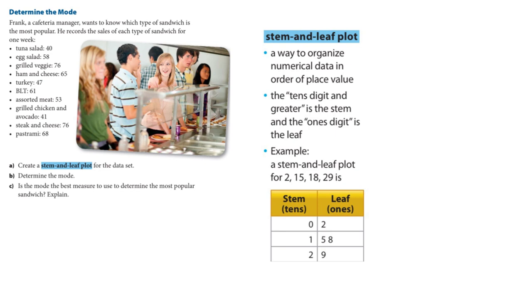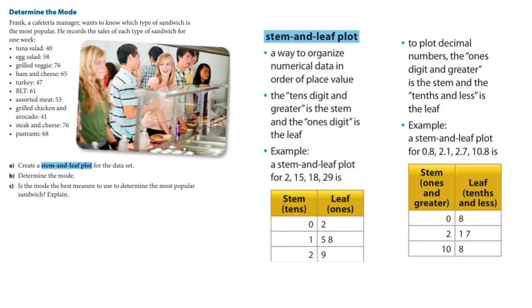So 1 would go under stem, and we could put 5 and 8 under leaf to represent 15 and 18. And finally, 29 has 2 tens values, so we put a 2 in the stem column and a 9 in the leaf column to represent 29.